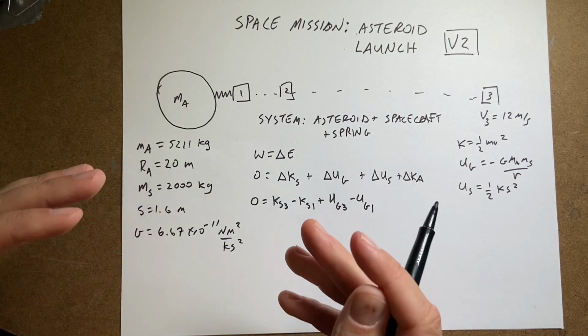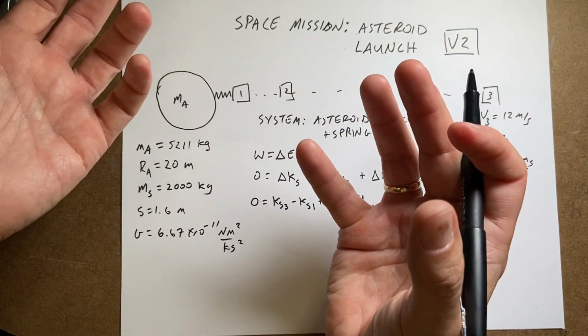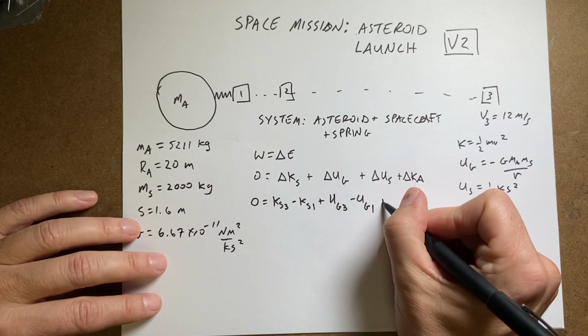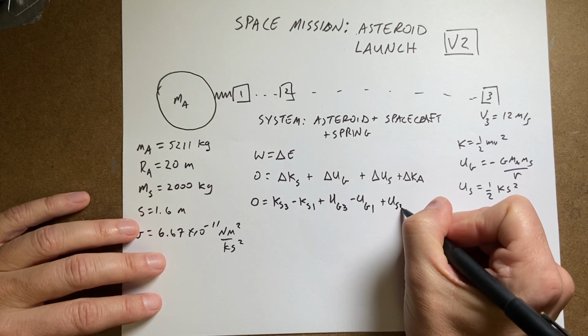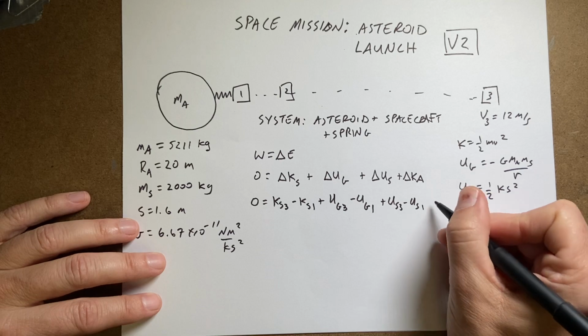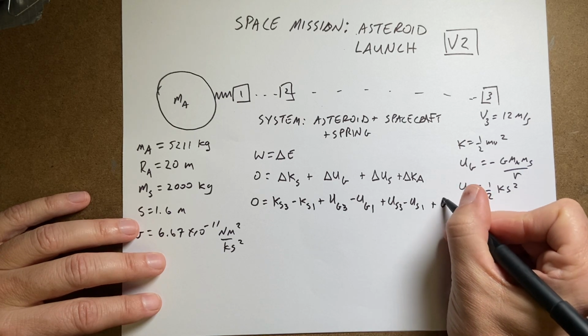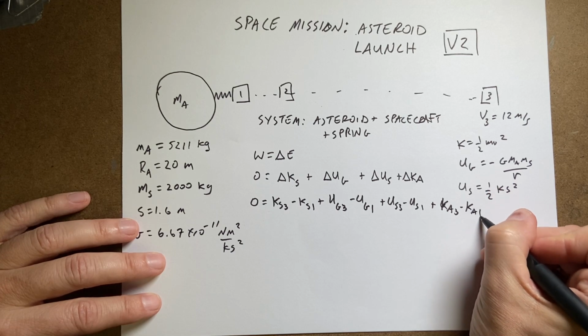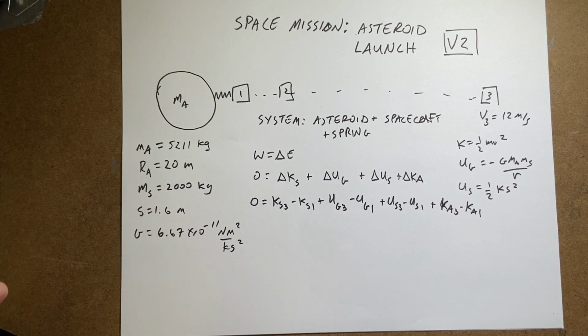The potential is for the asteroid and the spacecraft together, so they don't have separate potentials. It's the interaction between them. And then I have plus U_s3 minus U_s1 plus K_a3 minus K_a1.